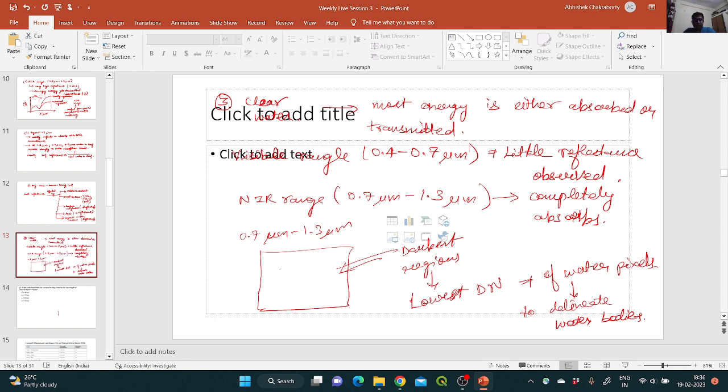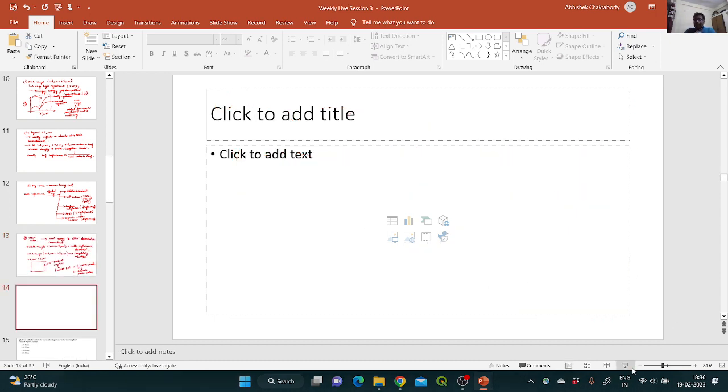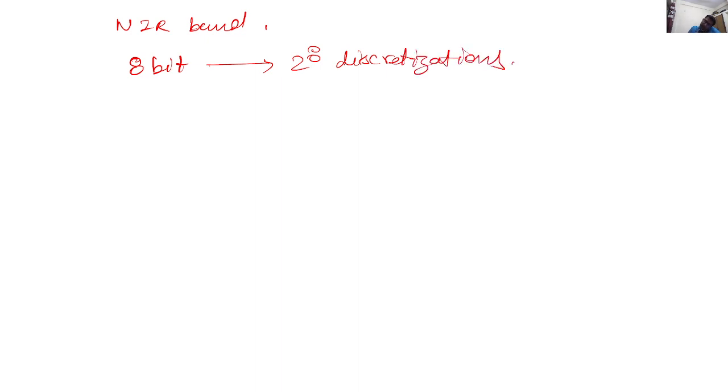Let me take an example to explain that. Let us suppose there is a near infrared band image, and this is an 8-bit image. So if the number of bits is 8, then there would be 2 to the power 8 discretizations of brightness, which is equal to 256 discretizations, or 256 DNs, of that image.